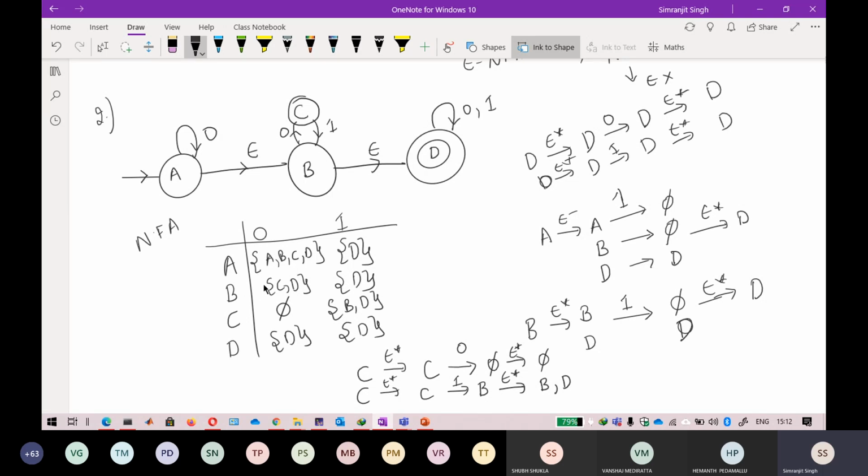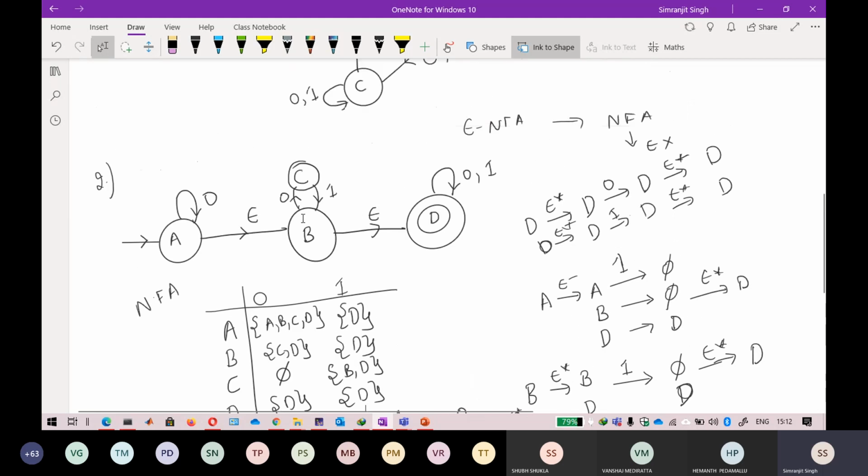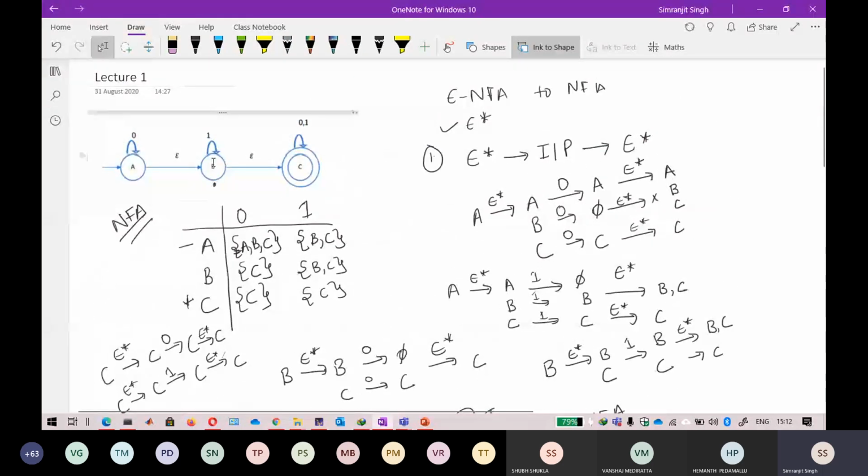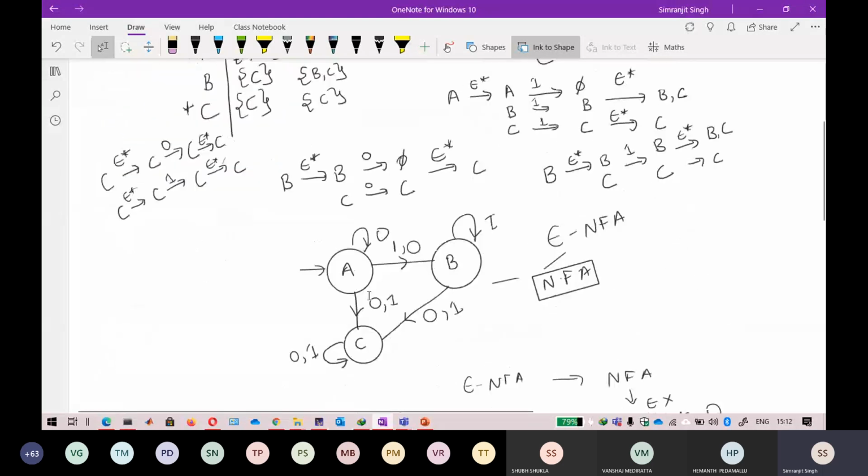Okay, so if you draw it, in the first state there are 4 possible combinations of states. So it will be one and the same thing. You can draw it yourself, or again, you can see that the language that is accepted before is also accepted in this equivalent NFA also.